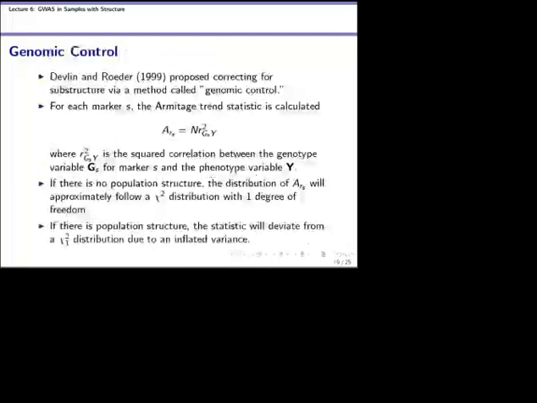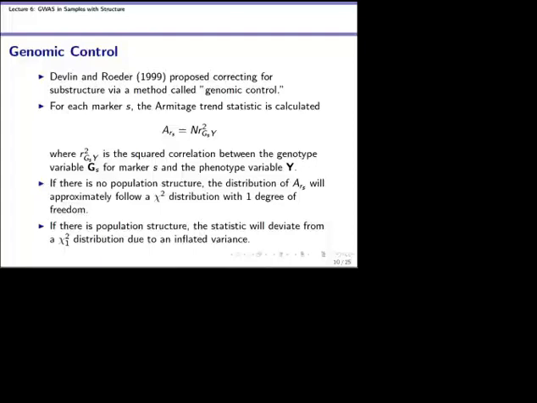Genomic control was one of the first approaches proposed to control for population structure. Devlin and Roeder came up with this approach. What they do is first do an association study without any correction, for example, using the Armitage trend test statistic or the Pearson chi-square statistic.